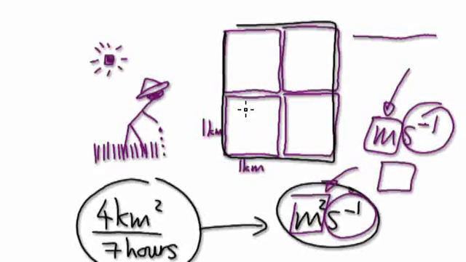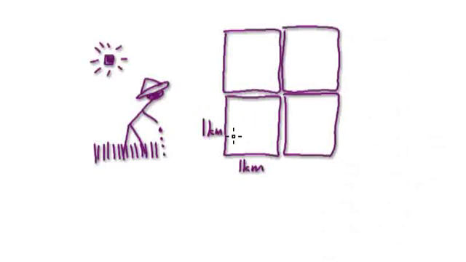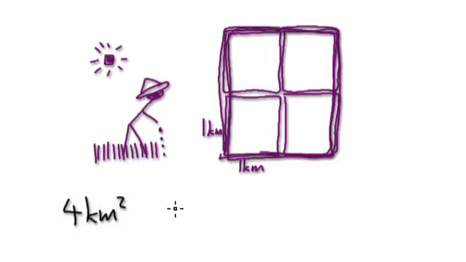Looking at this, I am sowing the seeds, so I'm talking about area here. So I have to express this as an area, and then I also want to take time into account. So let's say I can sow this whole area, which is 4 kilometers squared, in 7 hours.